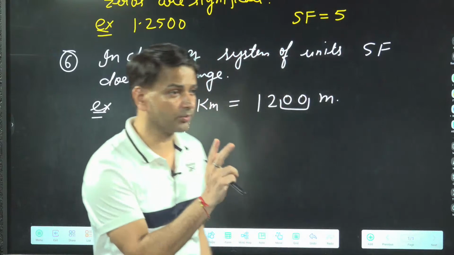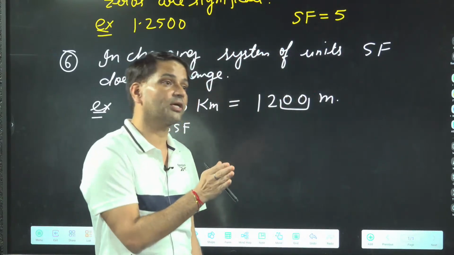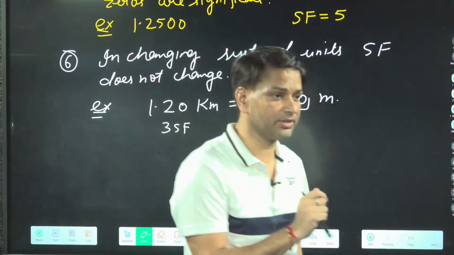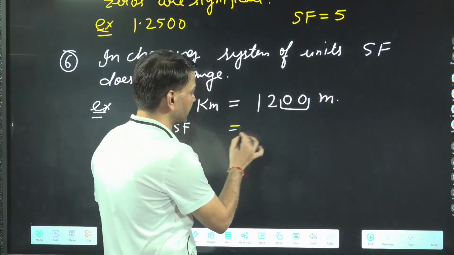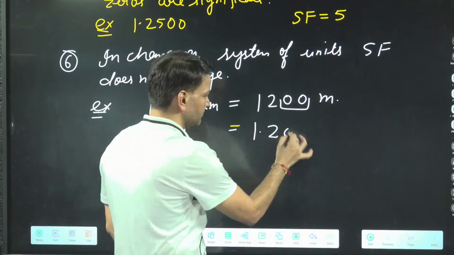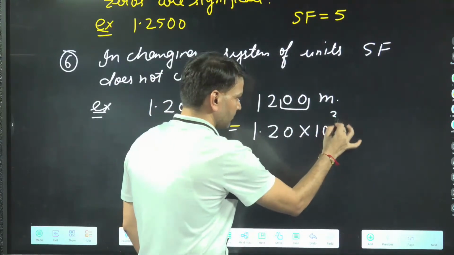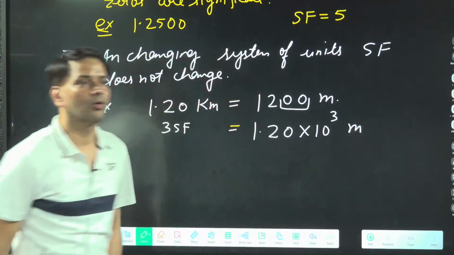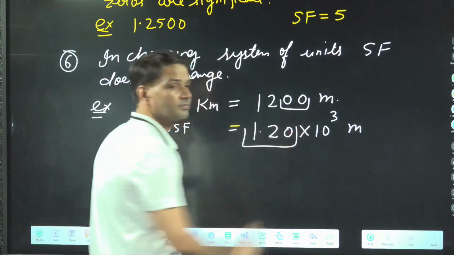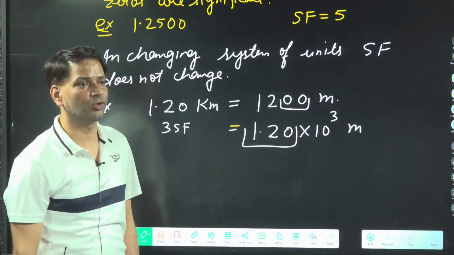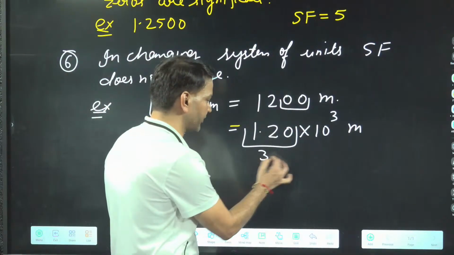So only one option, and that relation also I cannot change. 1 kilometer is equal to how much meter? What is the way to write this? We can write like this. Now, what is the significant figure in this? 1.20, how many significant figures? 3 significant figures.